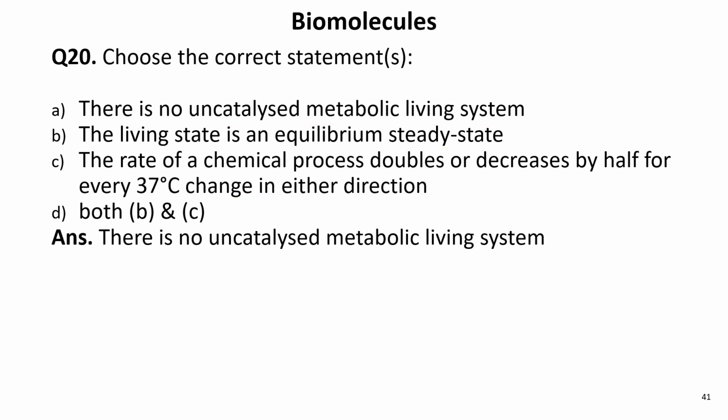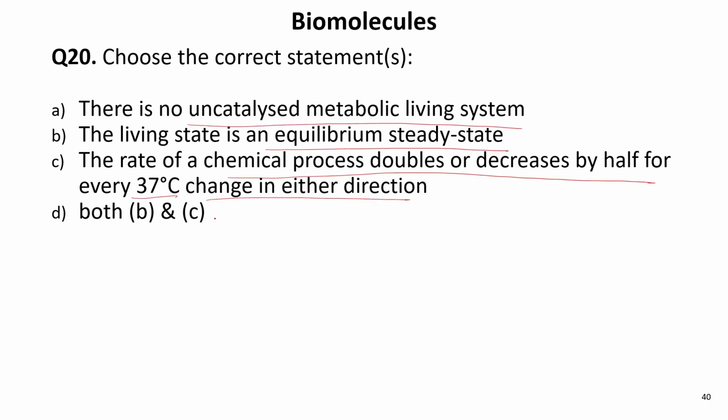Both B and C. Okay, so which is the correct statement? There is no uncatalyzed metabolic living system. Every metabolic living system is catalyzed by enzymes. So this is correct.